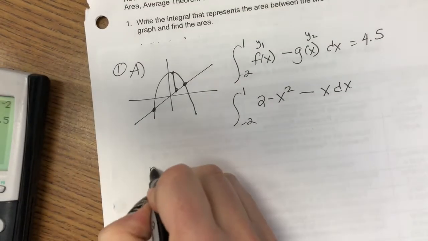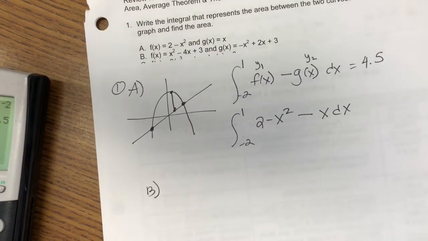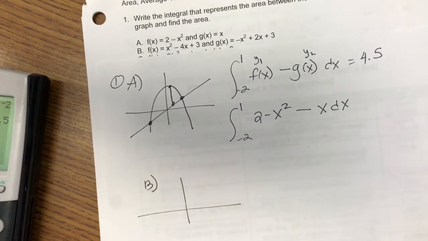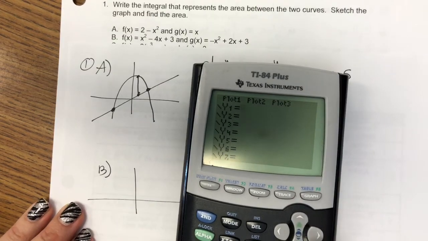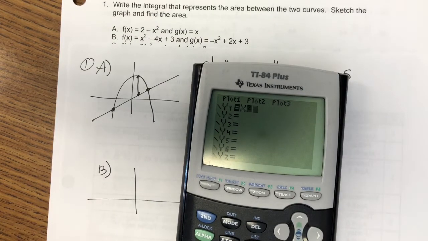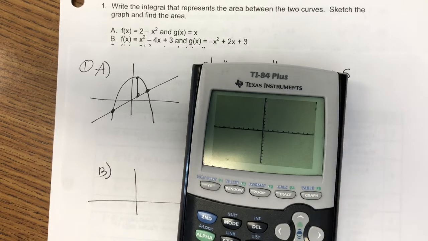All right, B. To start over again with my calculator. Graph.